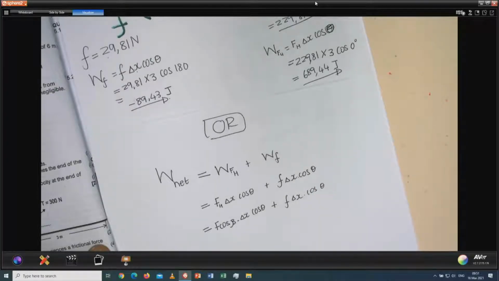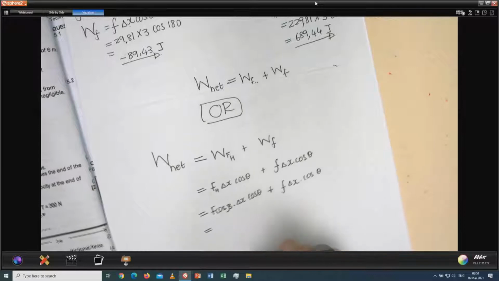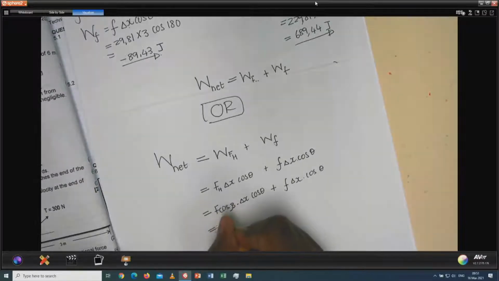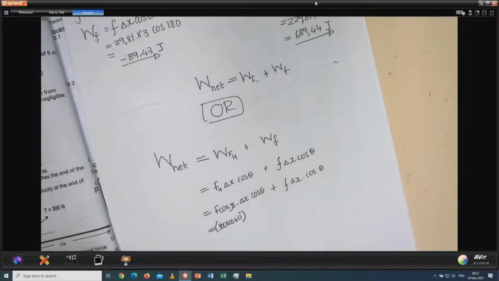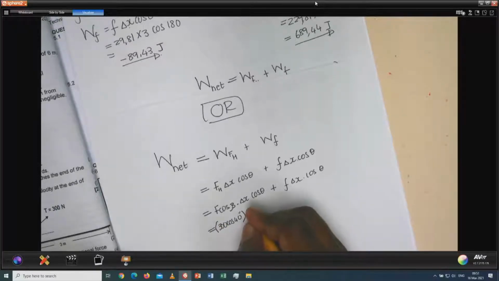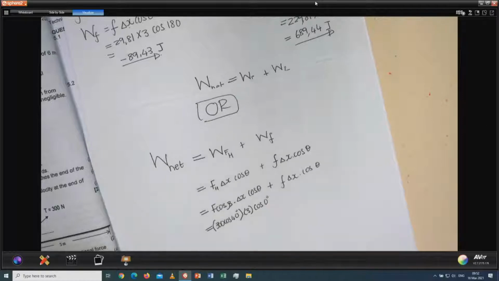And then we say, now you can just go and substitute. We had 300 here, cos, we're given 40 degrees. You put this in the bracket. This is the magnitude of the force, and this is the displacement, and this is the direction in which the force is acting, 0 degrees.